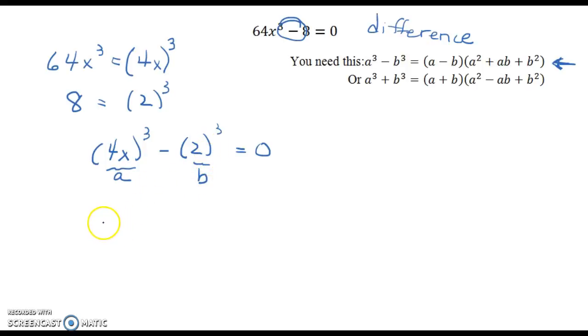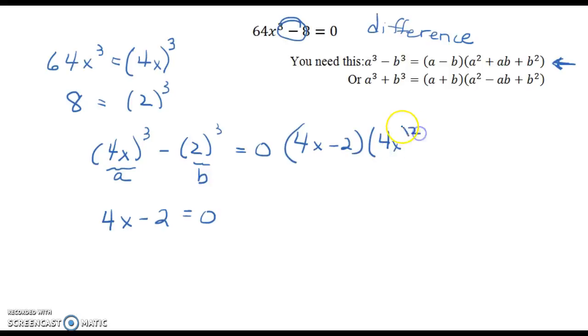So a minus b, so I'm going to do 4x minus 2. Oops, let me factor it for you. So we're going to have 4x minus 2, times 4x squared, like this, plus 4x times 2 is 8x, plus 2 squared, which is 4.